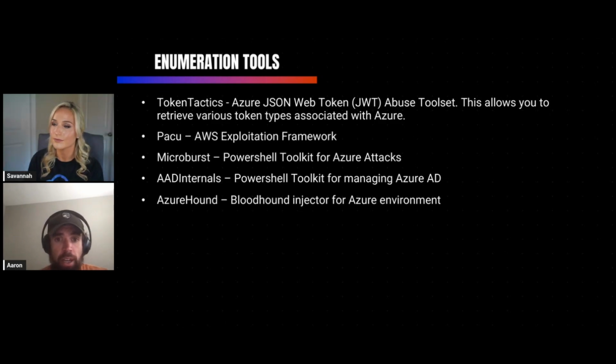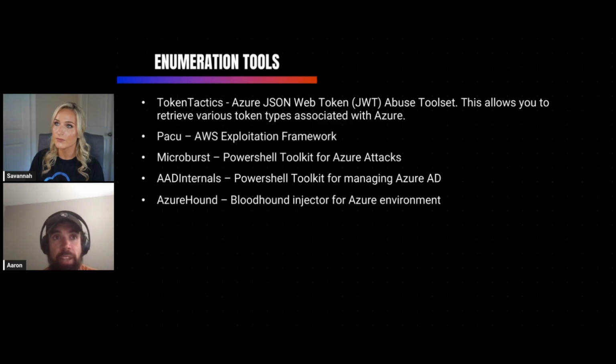MicroBurst, it's a PowerShell toolkit for Azure attacks. So AADInternals is a very robust framework with a lot of different PowerShell capabilities for integrating with Azure and enumerating Azure. MicroBurst takes some of these and adds onto it, turning them more into an attack approach versus an enumeration.